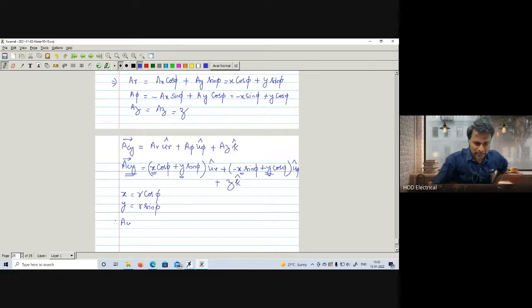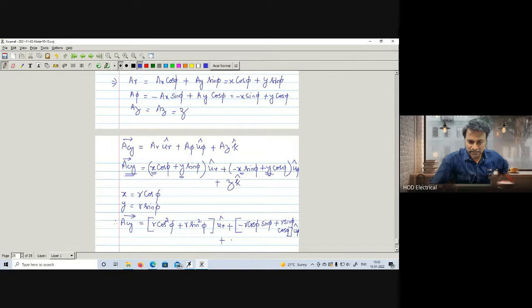Therefore, the cylindrical coordinate vector is equal to, x is nothing but r into cos phi, so r into cos square phi plus y is nothing but r into sin square phi, into UR gap, plus again substituting, minus r into cos phi into sin phi plus y is r into sin phi into cos phi, into u phi gap plus z into k gap.